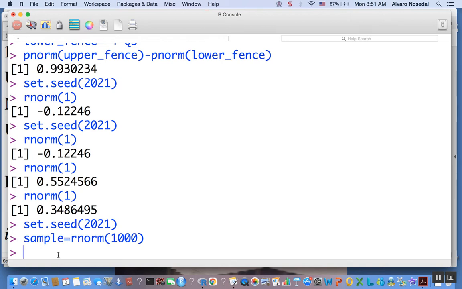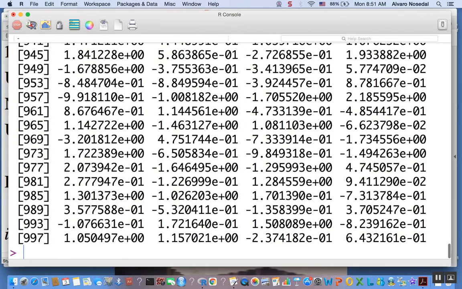So to do this, we're going to be subsetting our sample. This guy here, let me show you, is just a vector with 1000 numbers.